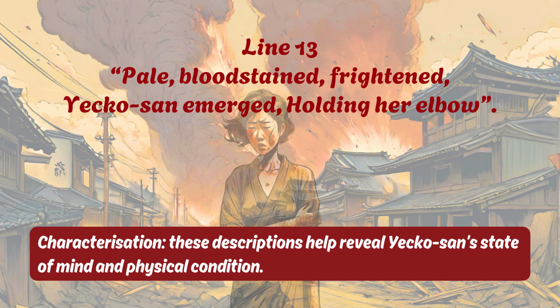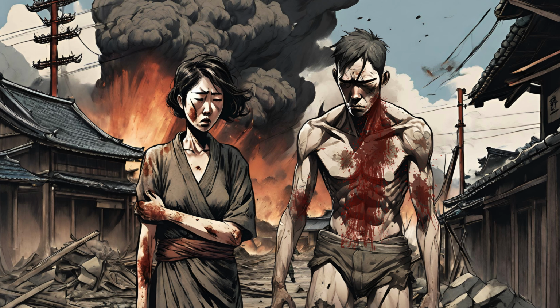Therefore, the reader can sense her fear and pain, which deepens the emotional impact of the moment. That is why it is an example of characterization. Characterization refers to the way a writer shows what a character is like through his actions, words, thoughts, and appearance.